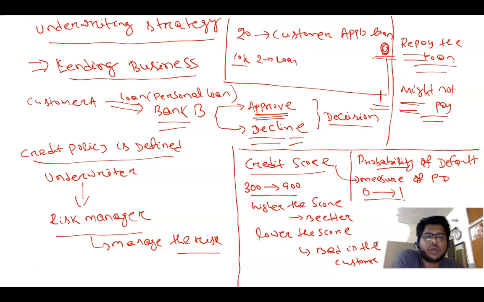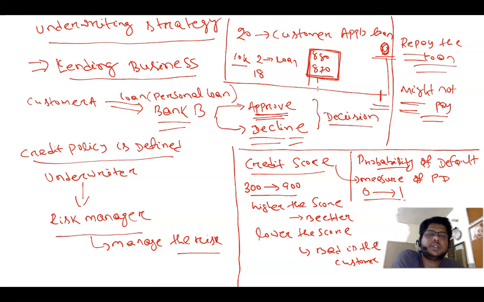It has to reject the other 18. How will it do this? It will rank order the scores from higher to lower. Somebody got 880, 870, and everybody is below this. Then the bank decides that it will give the loan to these two customers. So that is how the bank can do it.